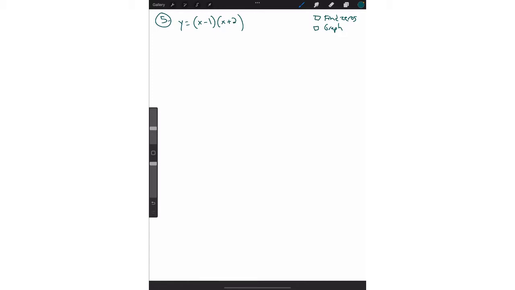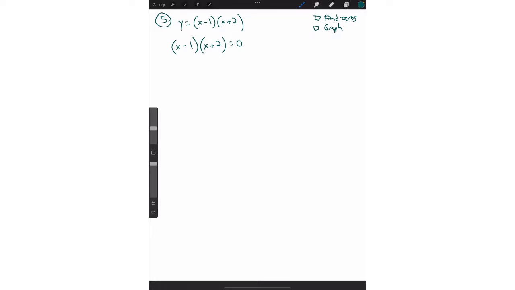All right, so remember, if I was looking to find the zeros, what I could just do is say x minus 1 times x plus 2 is equal to 0. And really, you're just saying y. In this case, we've just replaced the y with 0.